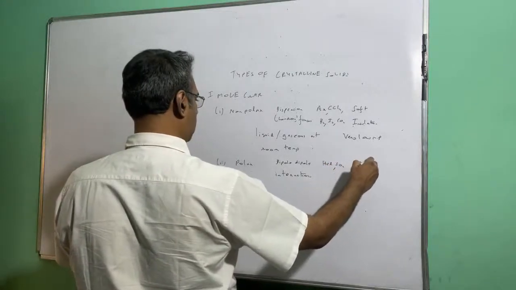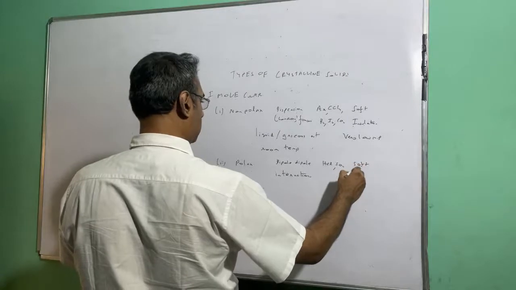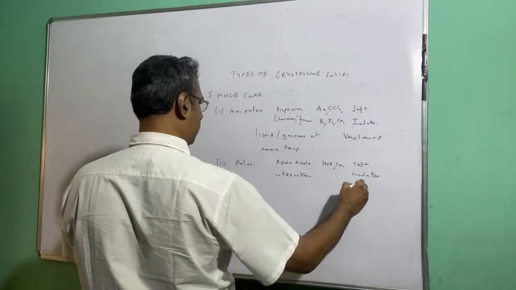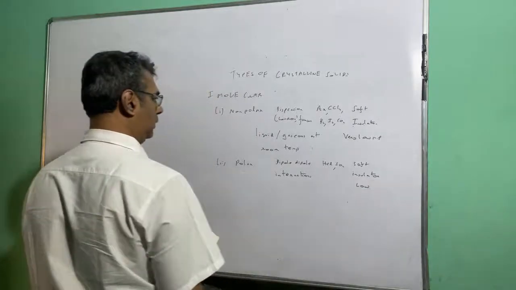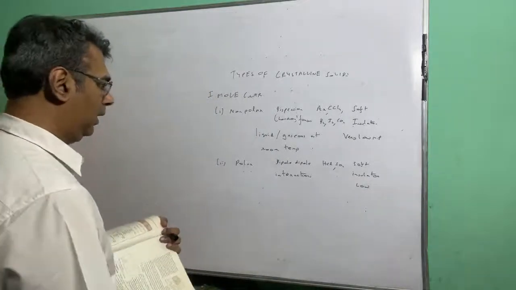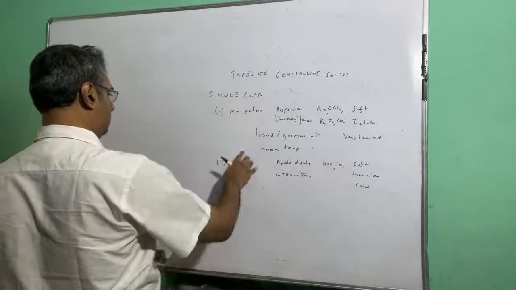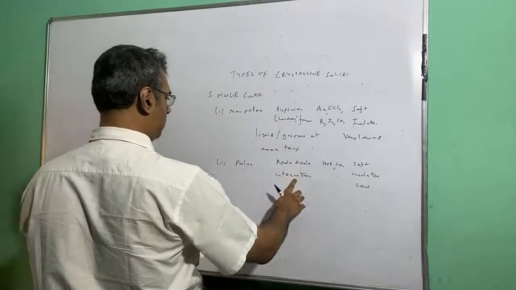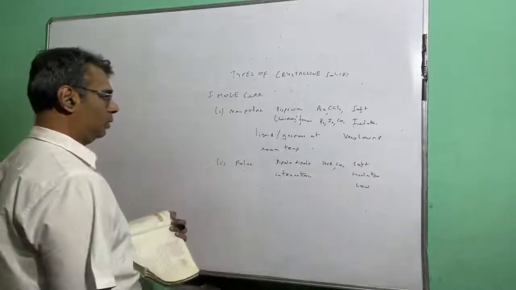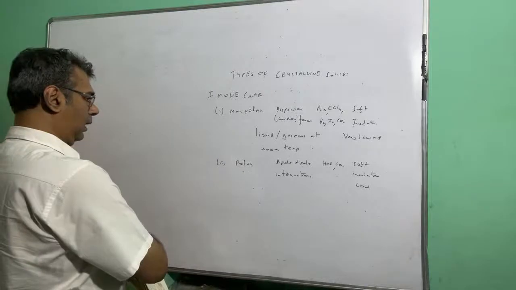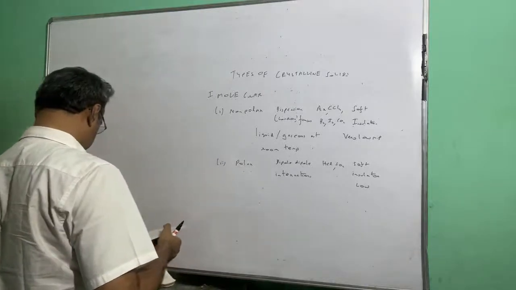They are soft, they are insulating, and they have low melting point. So polar means they will be molecular, but they will be polar. They also have dipole-dipole interactions like HCl and SO2. They are also soft to touch, insulating, and have low melting point.